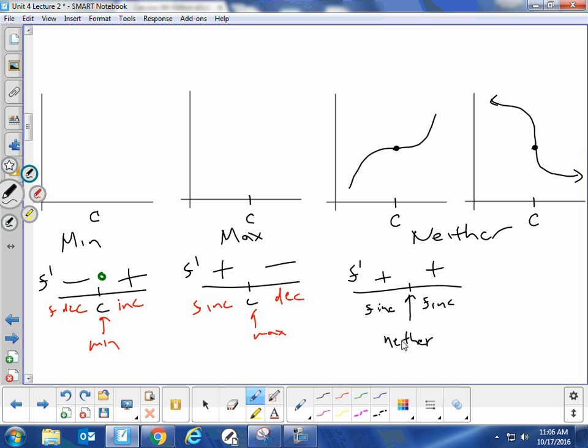Because without being given this, by looking at this, I'll know my regular function is going to be increasing, flattening out to a 0. I usually put 0 right here just so I know. Flattening out to a 0 and then increasing after that. Okay, I can just kind of figure that out just by looking at the signs of my derivative.